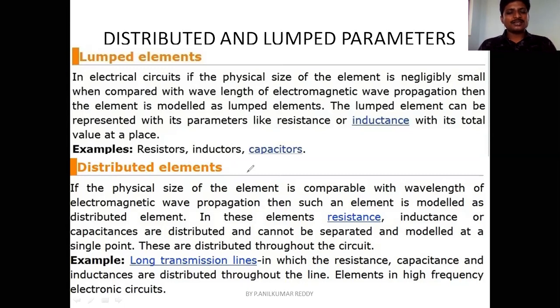What we do is divide the transmission line into sections, and we take resistance, inductance and capacitance for each section, but not for the total transmission line. That kind of system is known as a distributed system, because we are distributing the parameters along the length of the transmission line. That is the example of a distributed system, and the elements are called distributed elements.